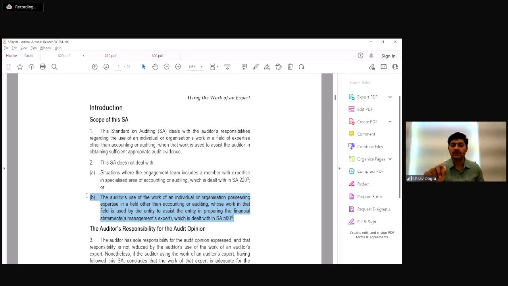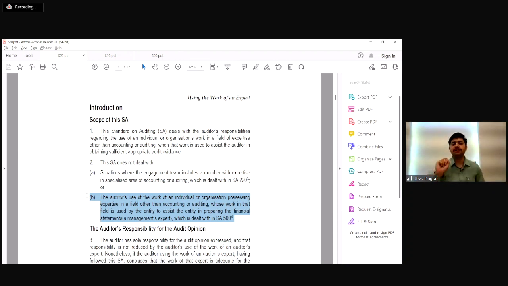He is purely doing the valuation of, let's say, securities and financial assets, or land and property, or the building, or the gold, or anything else that they have. Such valuers, who are not dealing with accounts and auditing and are not experts in that field, would be termed as experts. And when the management engages them, it is called the management expert.